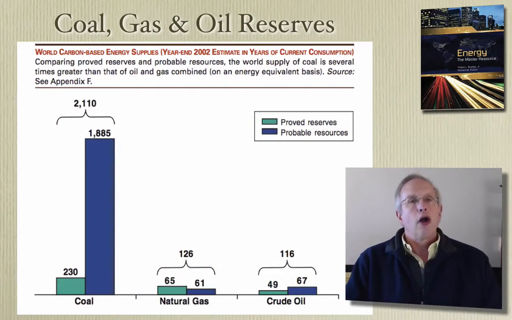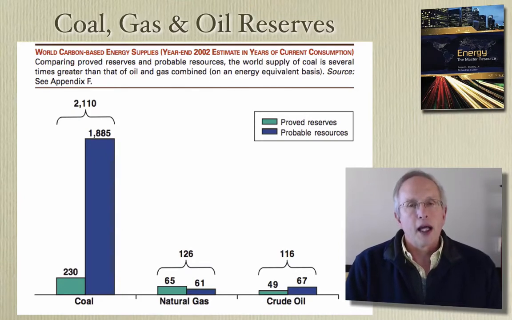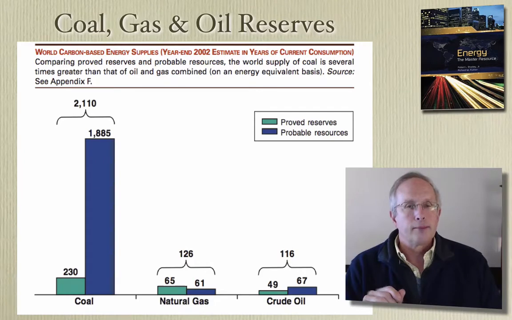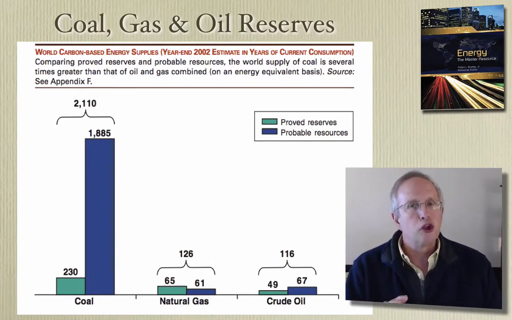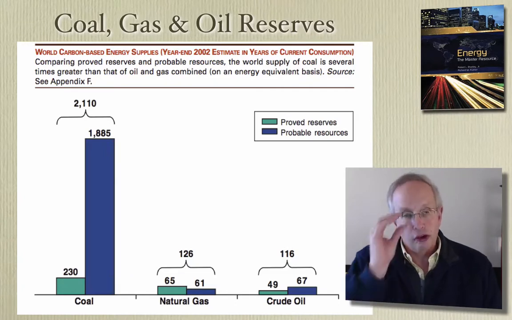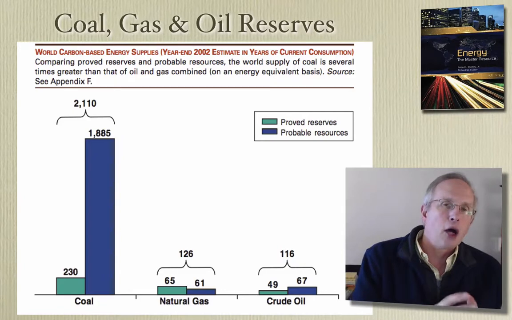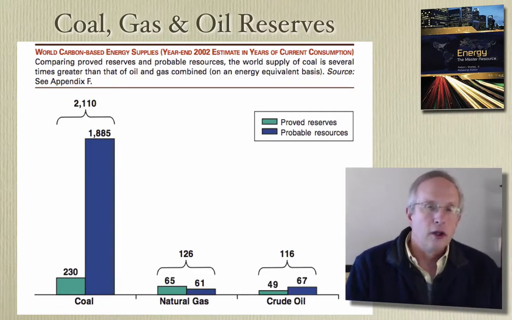Another interesting chart is for people concerned about running out of energy. This is a bar graph showing proved and probable resources. That is, how much coal do we know we have in the ground, and how much coal do we think we have? Same with natural gas. How much do we have? How much do we think we have?